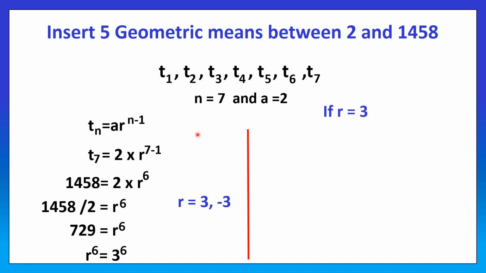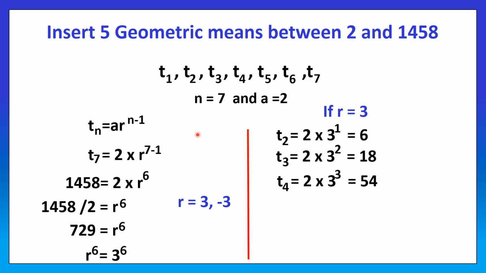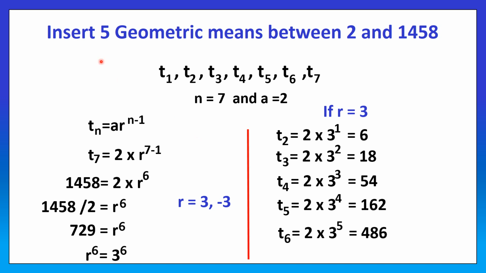T2 is equal to 2 into 3 raised to 1, which is 6, and T3 is 18 by applying the same formula. T4 is 54, T5 is 162, and T6 is 486. So how many terms are required? We can find it because now a, r and n are known.